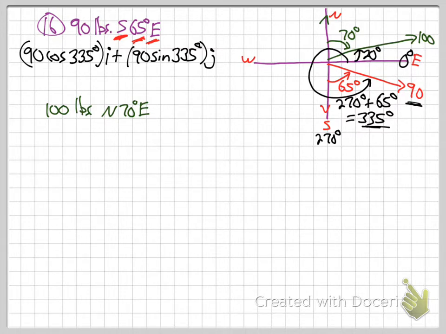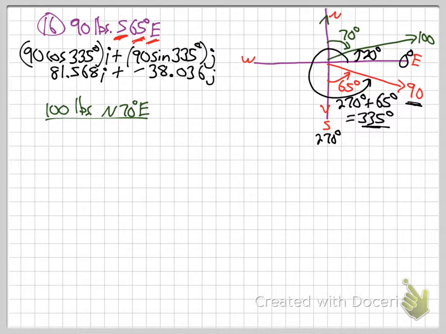Then use your calculator on that. I'm getting 81.568 i plus 90 sine 335, negative 38.036 j.